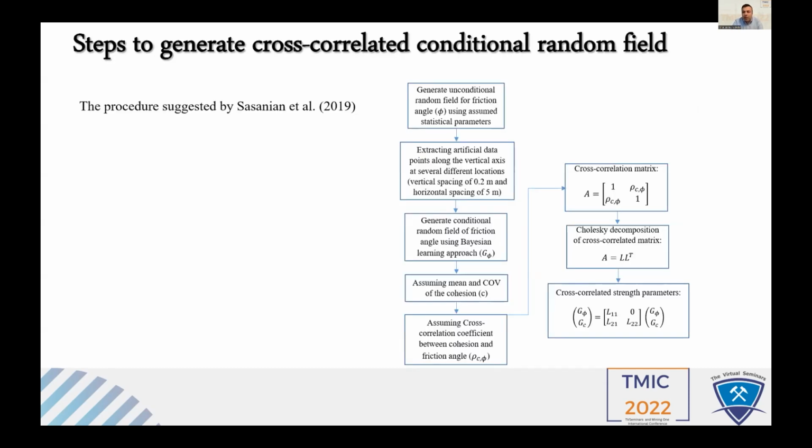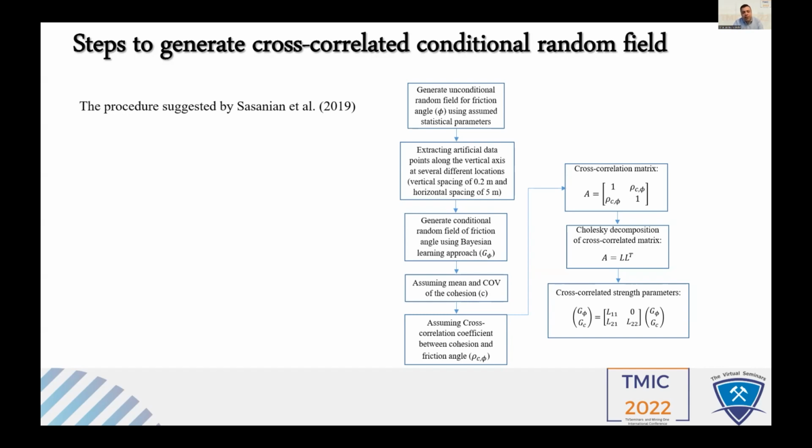So here is a procedure that we got from Sassanian et al. For this study, we didn't have any CPT data. So we randomly generated an unconditional random field for friction angle. Then we extracted artificial data points along the vertical axis at different locations with 5 meter horizontal spacing and 0.2 meters of vertical spacing.